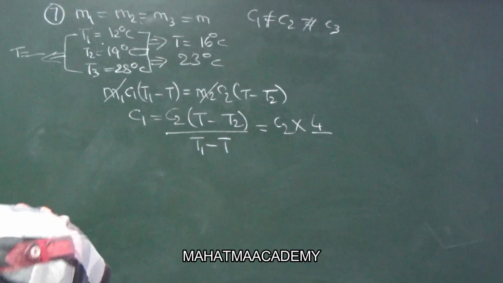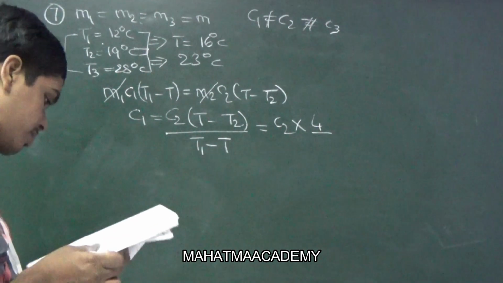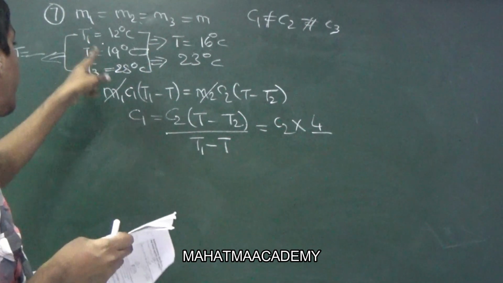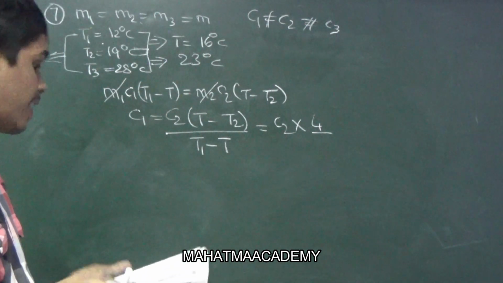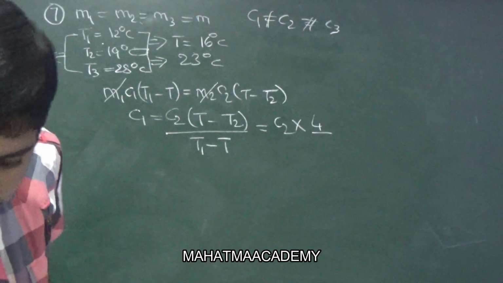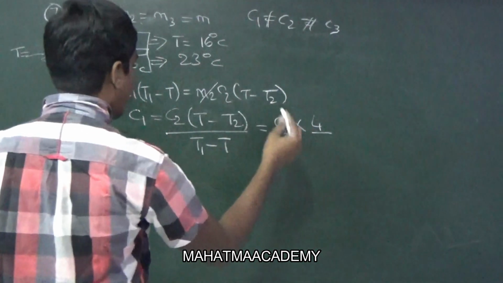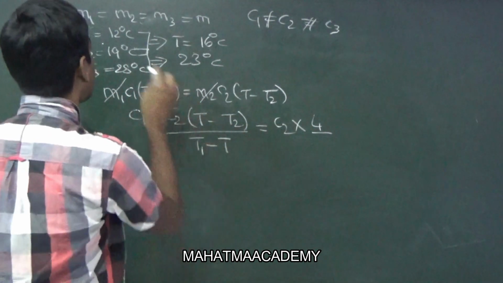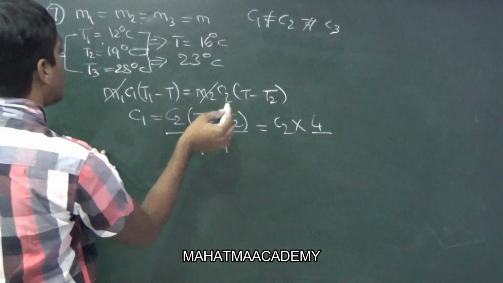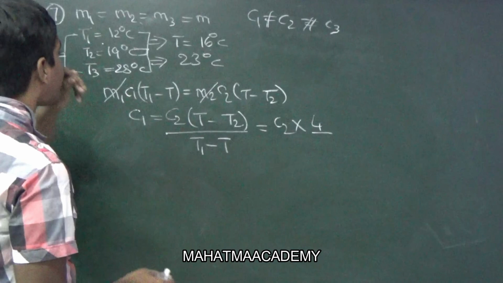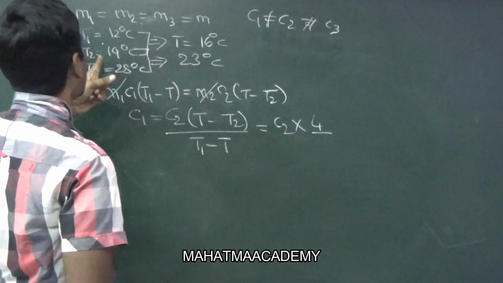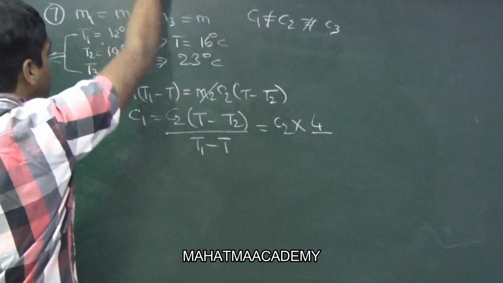One second, I will check. 12, 19, 28. When A and B are mixed, they become 16. Okay, we are going the right way. This is T minus T2.